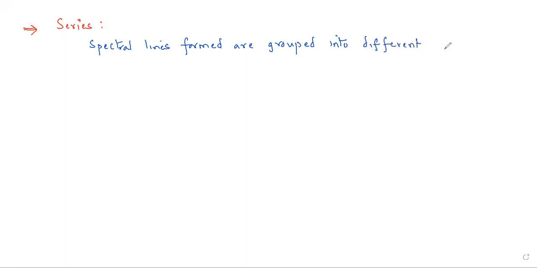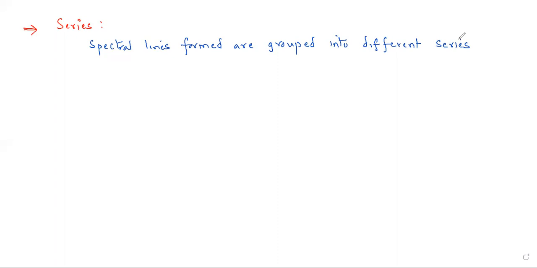See, the spectral lines formed are grouped into different series. You got different lines, one line in some cases, many lines in other cases.